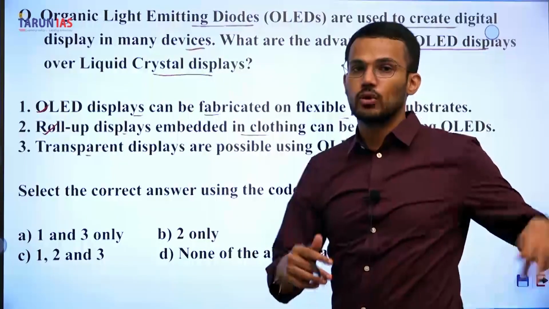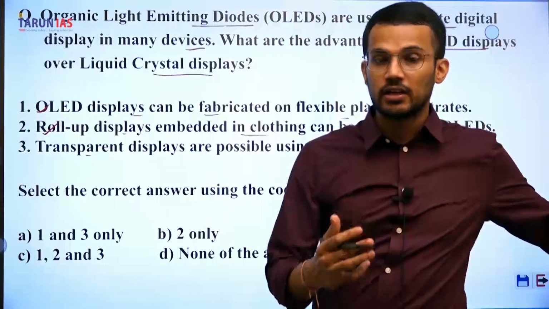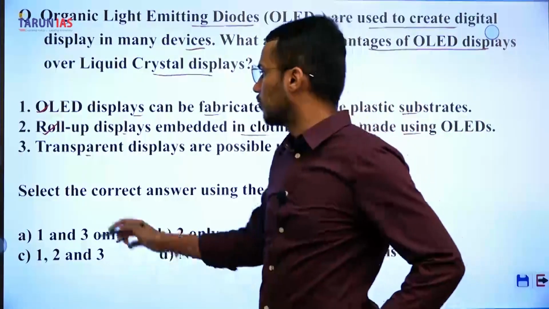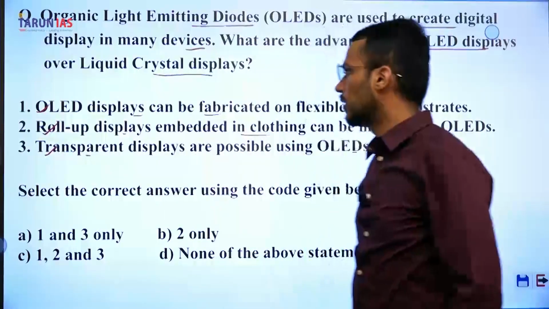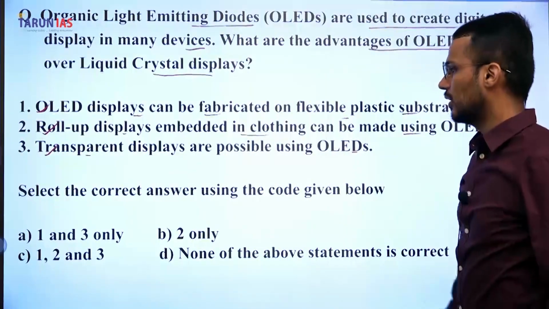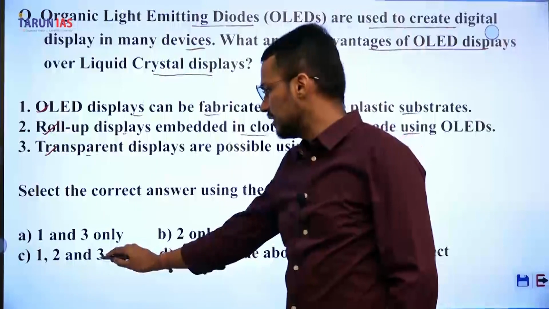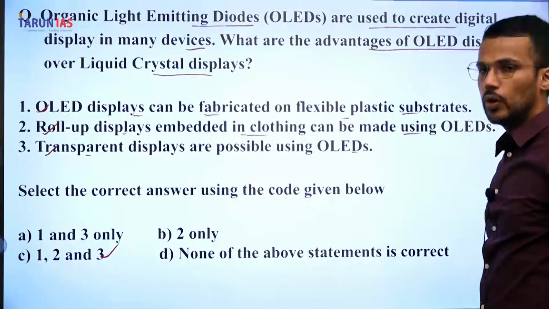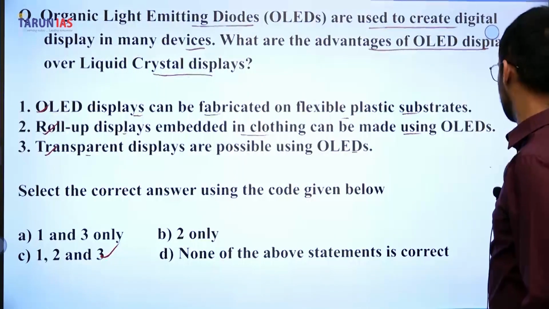So with OLED we can even create a transparent display, and that is also one of the advantages of OLED over LCD, and that's why the answer is C. All of these are the advantages of OLED over LCD.